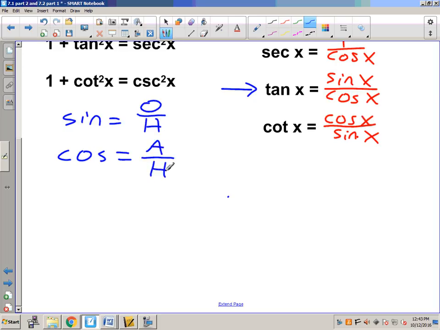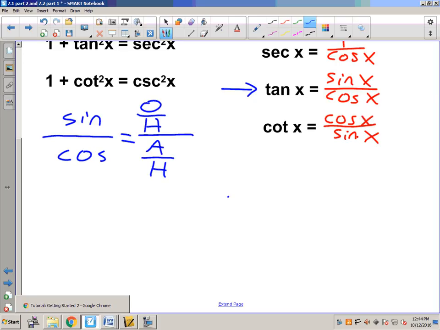So if I turn this into a big fraction and make it sine over cosine, then we would just divide these two fractions. Of course, we're going to have a big old complex fraction there. What do those two smaller fractions have in common? Both being divided by the hypotenuse. So what can we do with those hypotenusi? You can cancel them out.